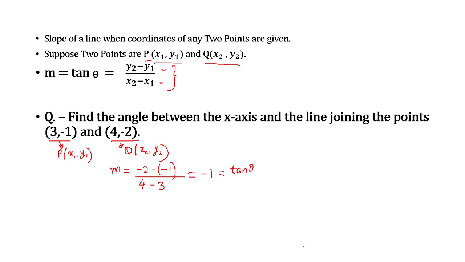So when tan theta is -1, theta is equal to 135 degrees. So this is the angle which the line makes with the x-axis in the anti-clockwise direction. So this angle is 135 degrees.